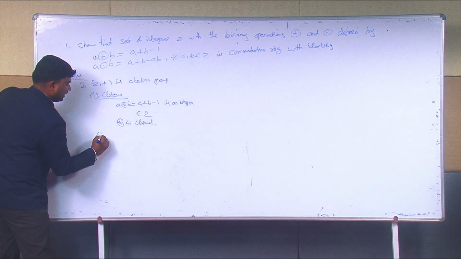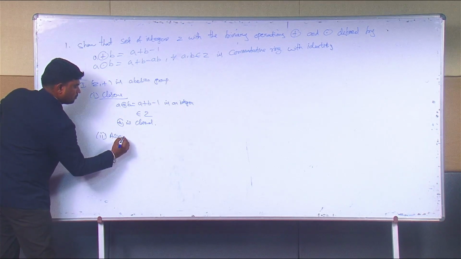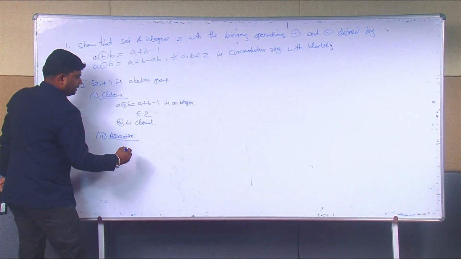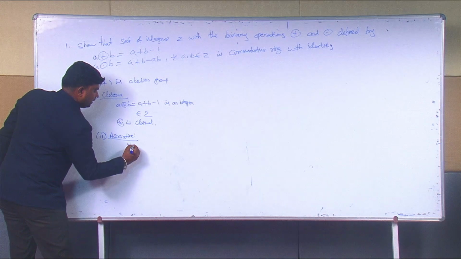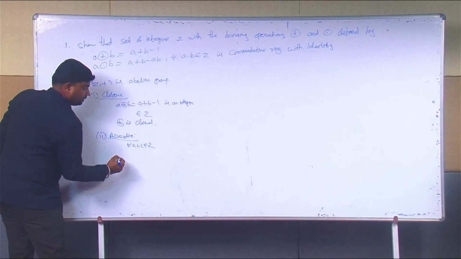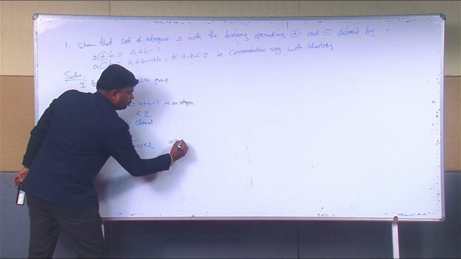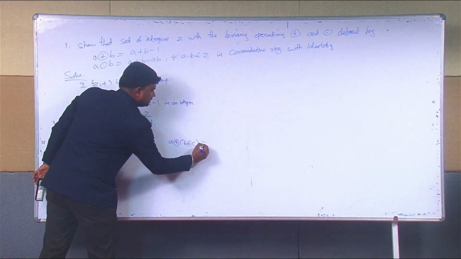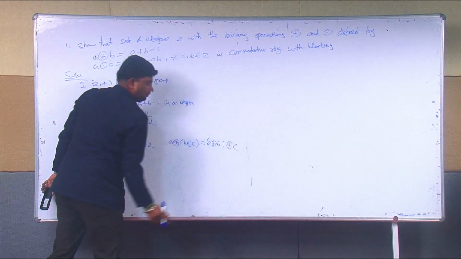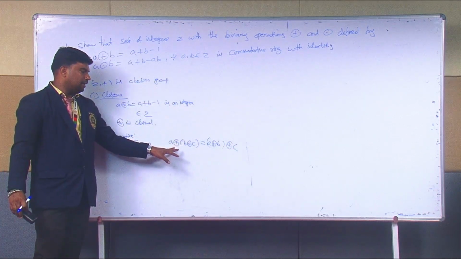And second axiom, associative. Take three elements, for every a, b, c belongs to Z. I want to verify (a addition modulo b) addition modulo c is equal to a addition modulo (b addition modulo c). This is the associative axiom.